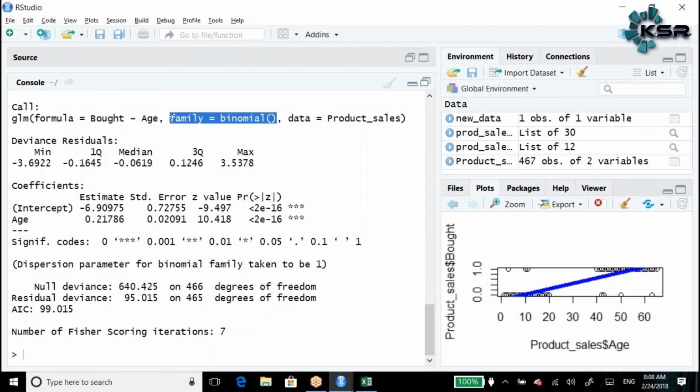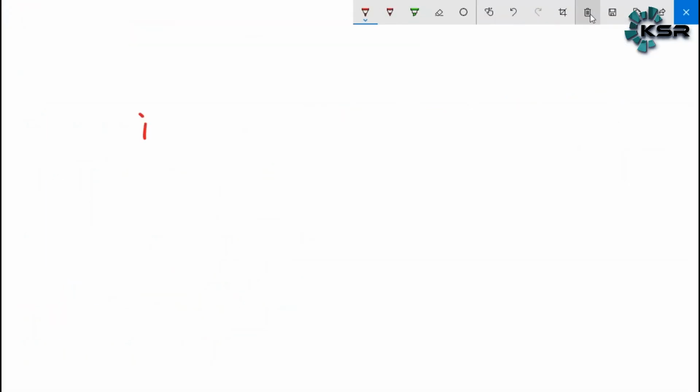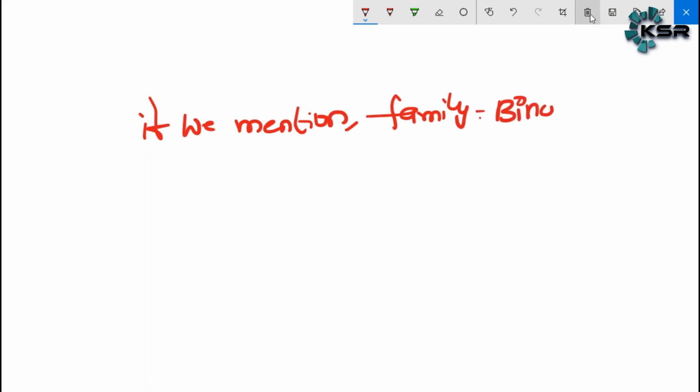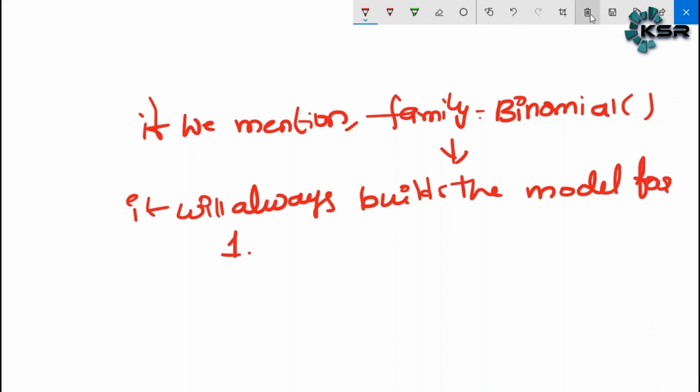If we mention family is equal to binomial, it always builds the model for 1. 1 means one category in the dependent variable, whatever that 1 is.